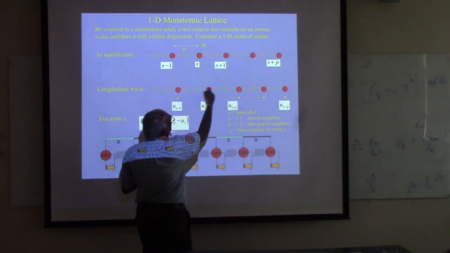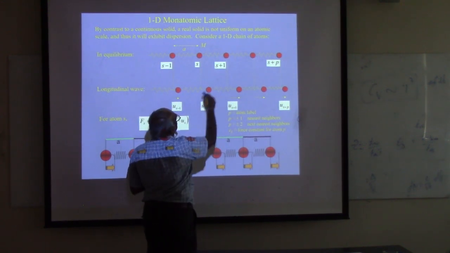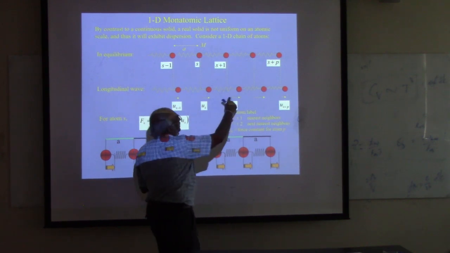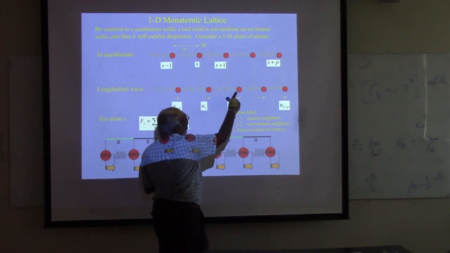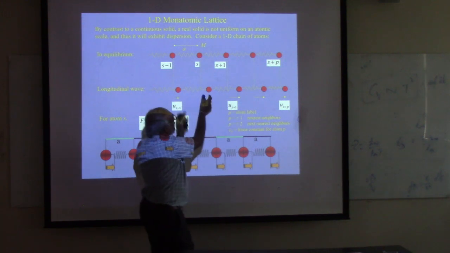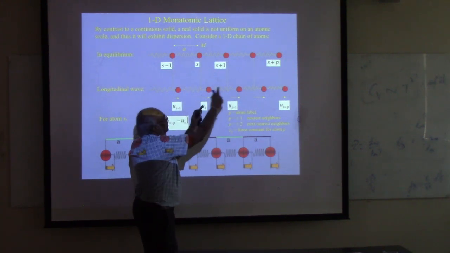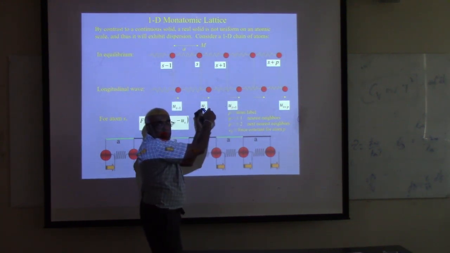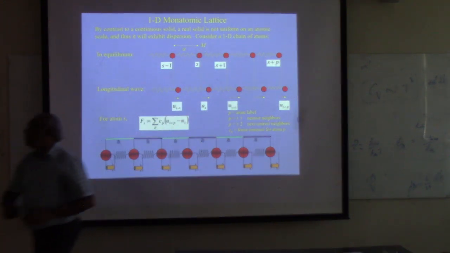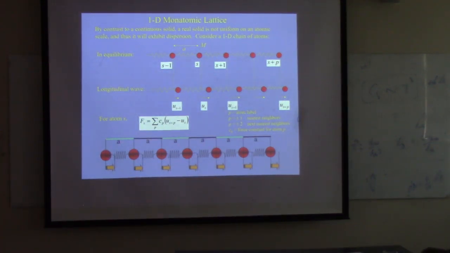This atom is moving by u S, but this one is moving by u S plus 1. So then what is the total displacement? u S plus 1 minus u S, right? So that means I can write the total force as force constant times, for the pth atom, u S plus p minus u S, right?